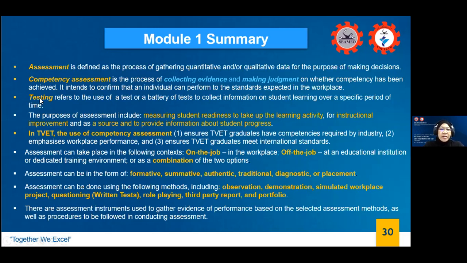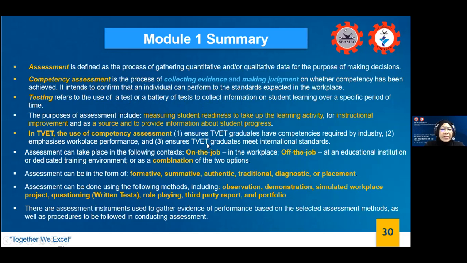Testing is the use of a test or a battery of tests. Why do we use tests? To collect information. Why do we need to collect information? To know that the students are learning, that within a given time you're able to tell that the students have learned.